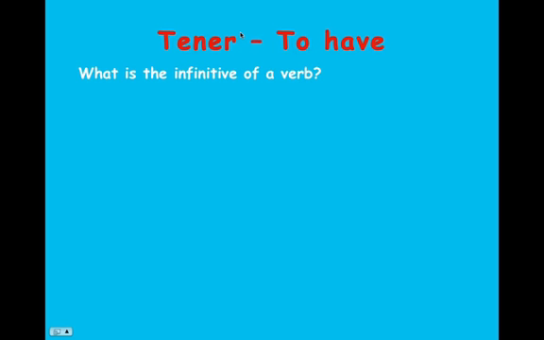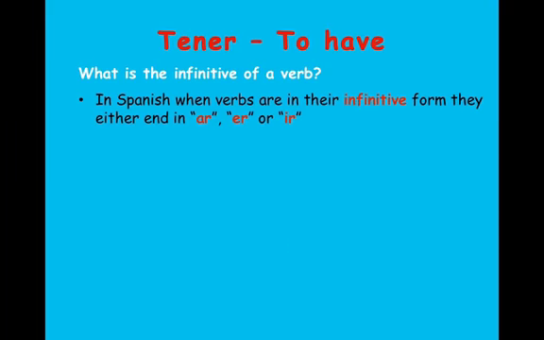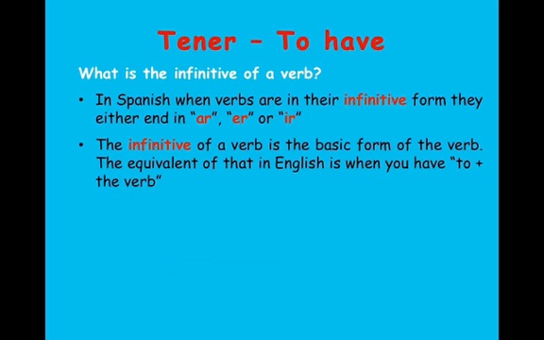Okay, a little bit more background. We're going to talk about the infinitive of a verb. What is the infinitive of a verb? The infinitive of the verb is when the verb is, in Spanish, on the AR, ER, or IR ending. It's the basic form of the verb. In English, the equivalent is saying the to plus a verb, like to run, to jump, to drink, to sing.